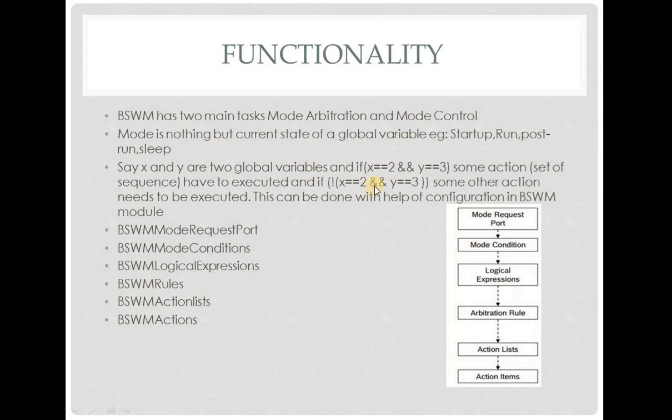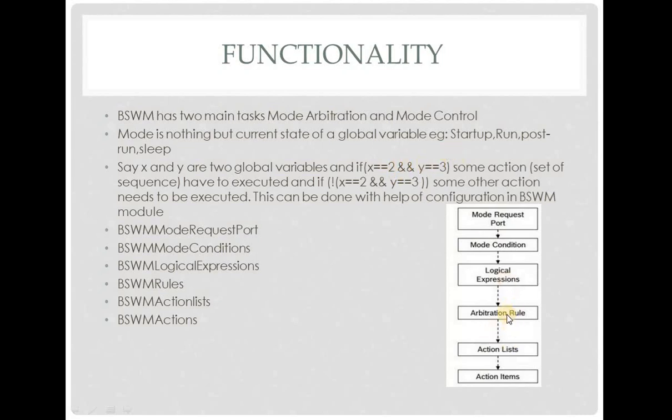The modes will be formed on a mode condition, given a condition, something like x is equal to 2, y is equal to 3. Inside the logical expression, the conditions are grouped and a logical expression is applied to it, meaning a logical AND or OR operation is applied.